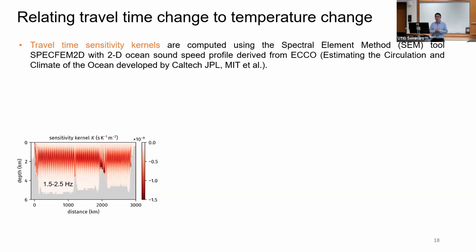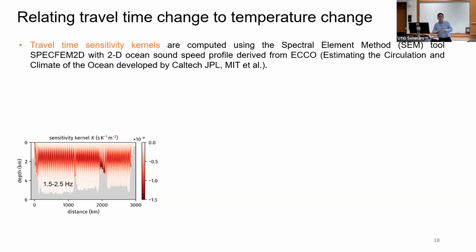SPECFEM2D is widely used in seismology, and we just use its two-dimensional version because the 3D simulation is very expensive. For the model in SPECFEM2D, we use ECCO to construct the 2D sound speed profile along our T wave path. Just briefly, what is ECCO? ECCO is a kind of data assimilation ocean model.